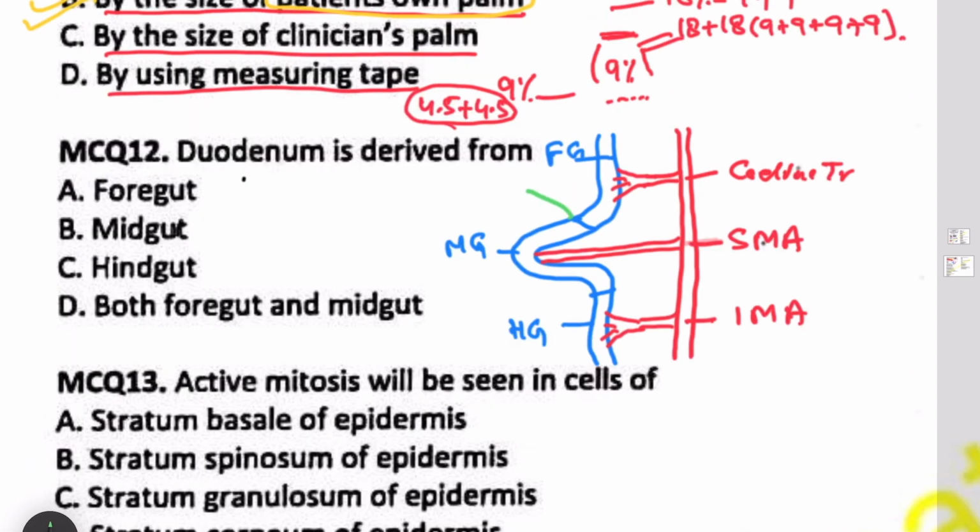The junction between foregut and midgut, if they ask, is at the second part of the duodenum. The junction between midgut and hindgut is between the right two-thirds and left one-third of the transverse colon. Got it now?